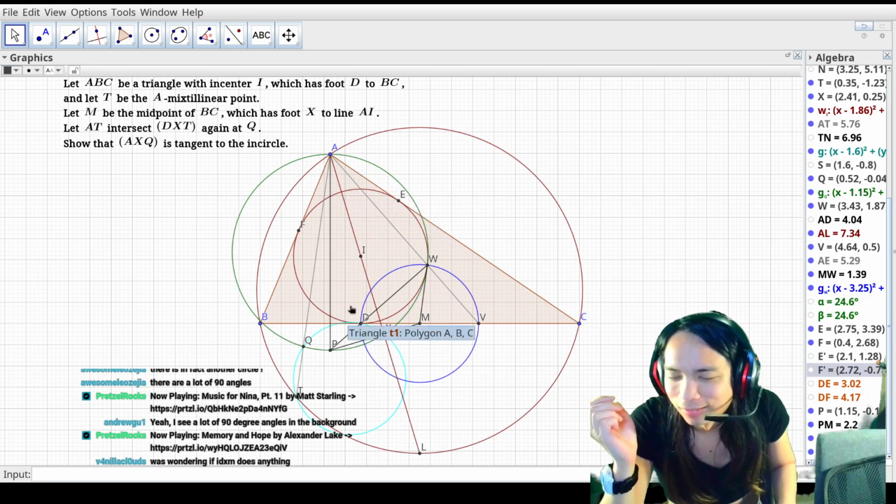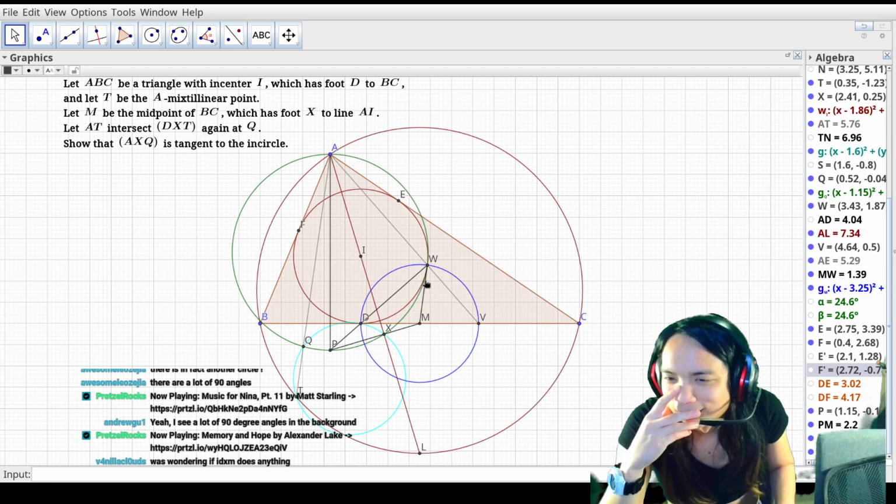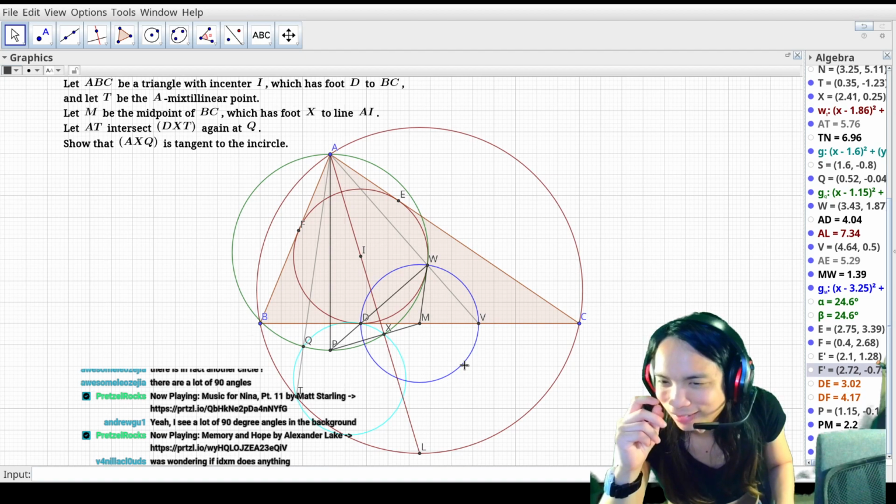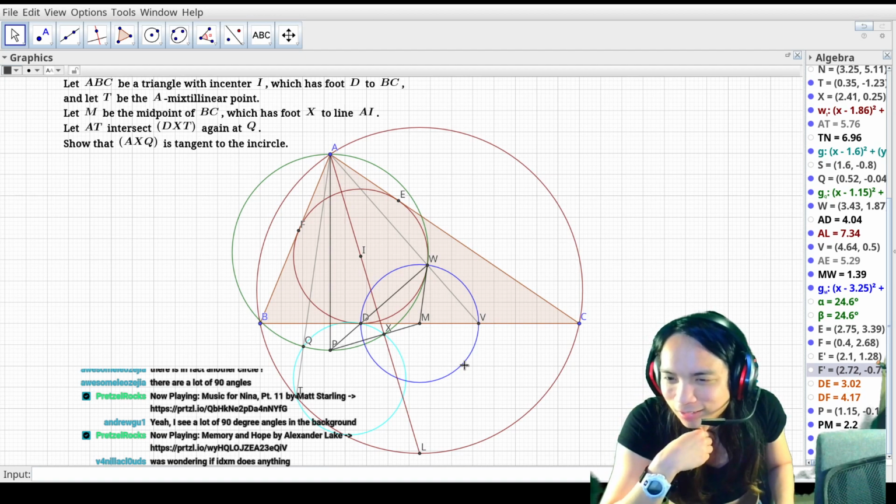Like, this angle, PAW... this doesn't even involve the point Q. This should be true, and why can't I check it?